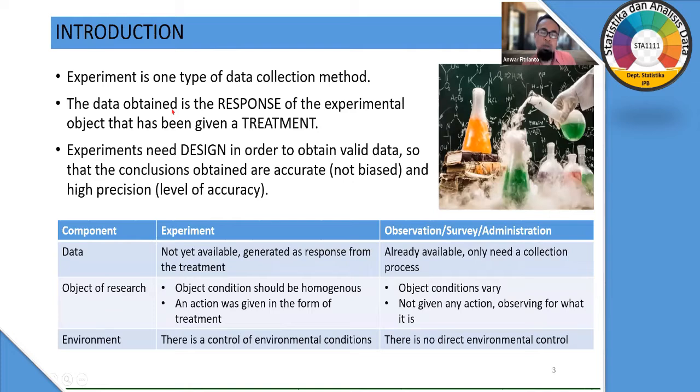When you conduct this kind of experiment in a lab, that is basically the way to collect data, because in the end you need to do measurement. When you do measurement, you have a number, that is the data. That is why experiment is another type of data collection method.